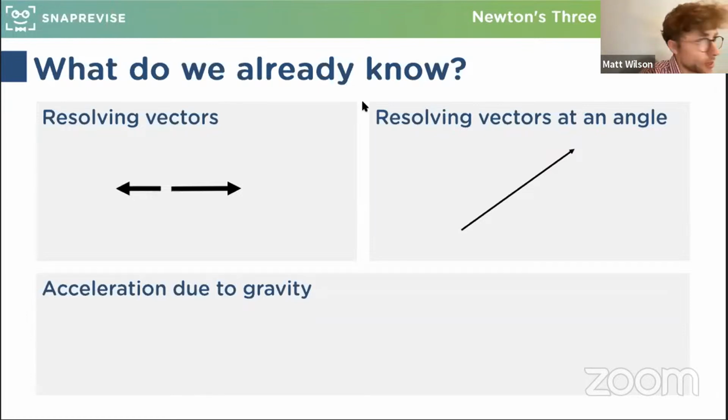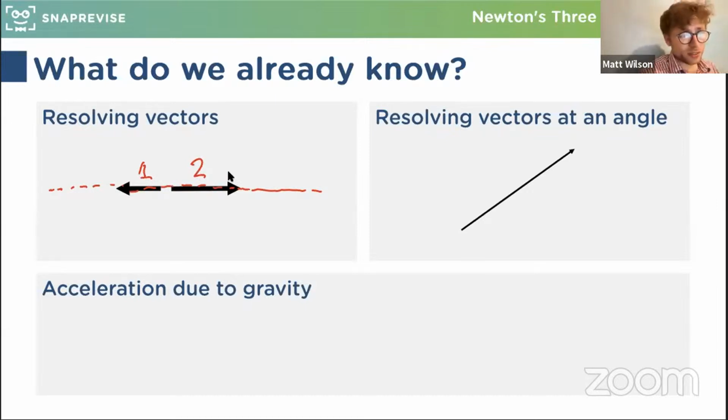So let's start by talking about resolving and adding together vectors. We'll begin by considering a pair of vectors that we want to add together. If I have two vectors that are in the same line, although they could be in opposite directions, let's say I have a vector that goes to the left and it has size 1, and a vector that goes to the right and it has size 2.